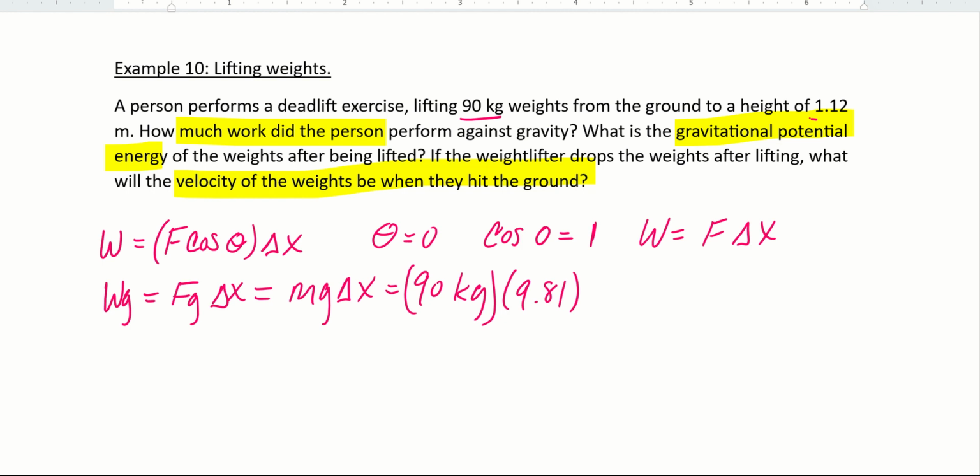And our displacement is 1.12 meters. So we just multiply those three things together. So 90 times 9.81 times 1.12, and we get 989 joules.